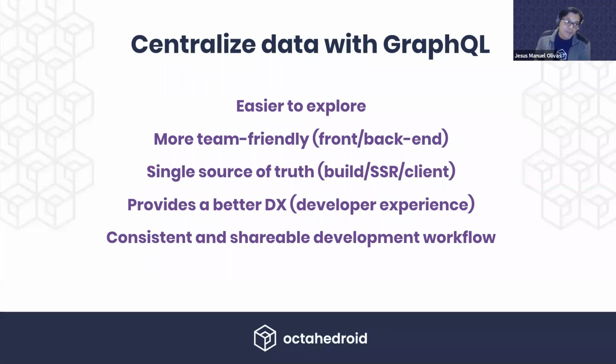And the benefit of using a tool like GraphQL is that it's more team friendly for front end and back end. It's easier to introspect because it exposes all the metadata of your backend system, and it's easier to find out which properties exist or are exposed from the API. And you can use it as a single source of truth.